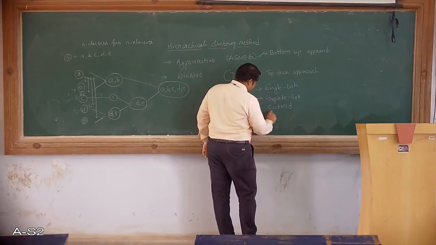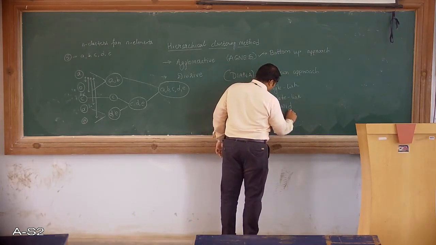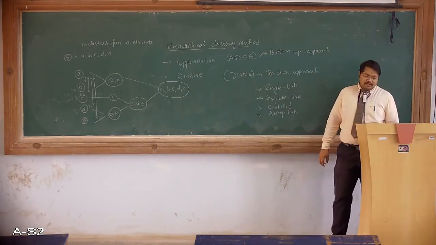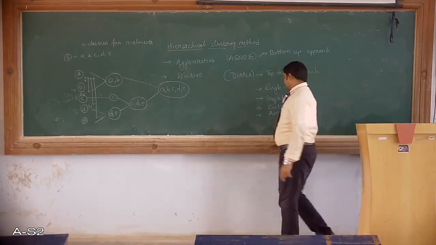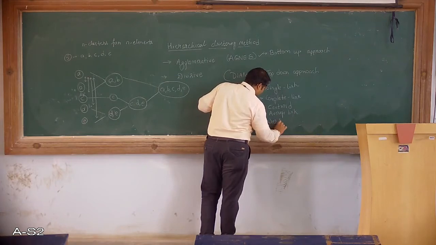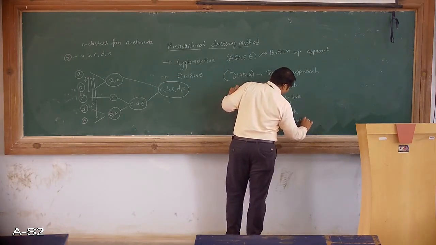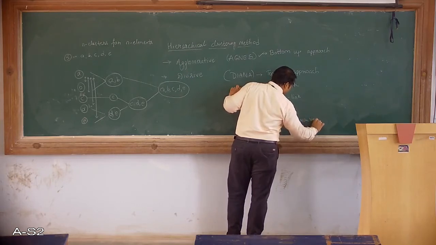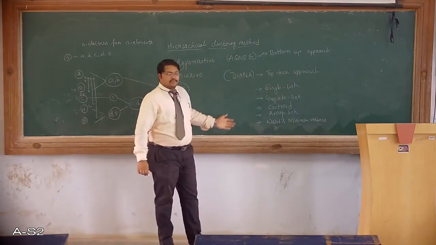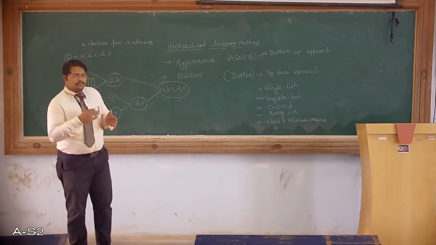Fourth is average link. And the fifth is Ward's minimum variance.